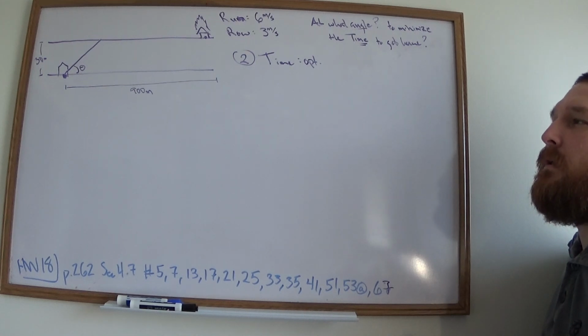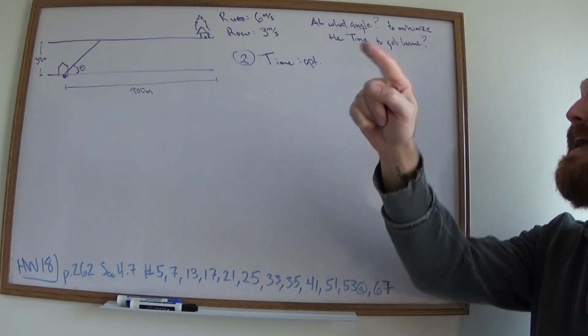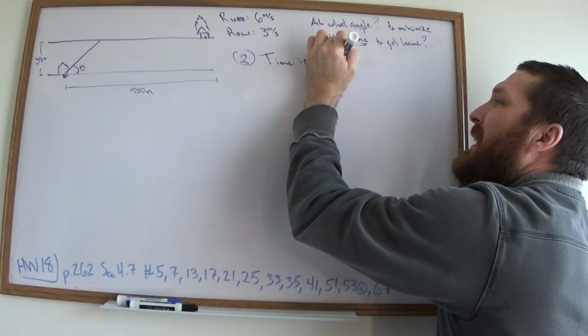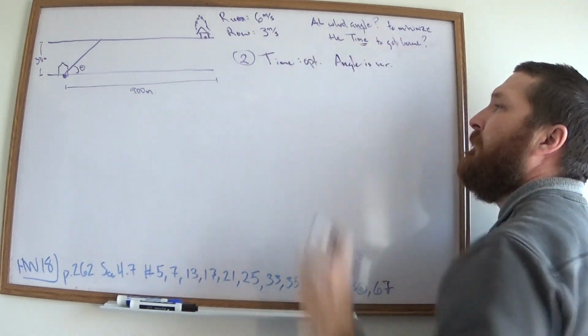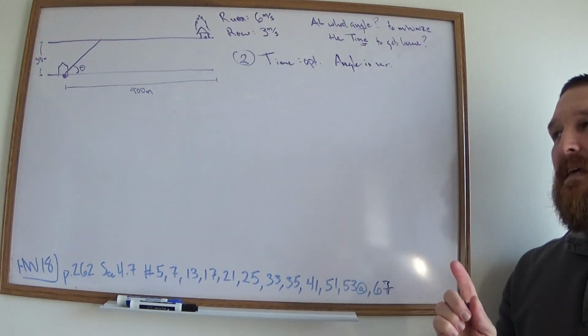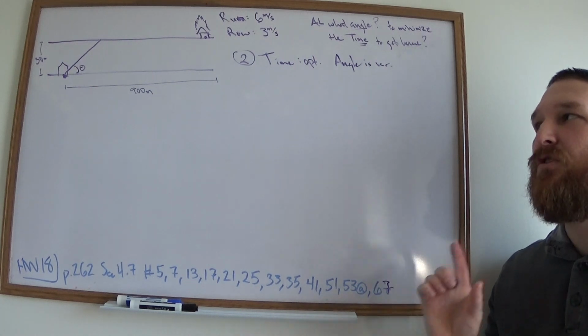And so what is the variable here? What is the thing that can change? The angle. And so the angle is variable here. This is one of the questions that doesn't have a constraint.